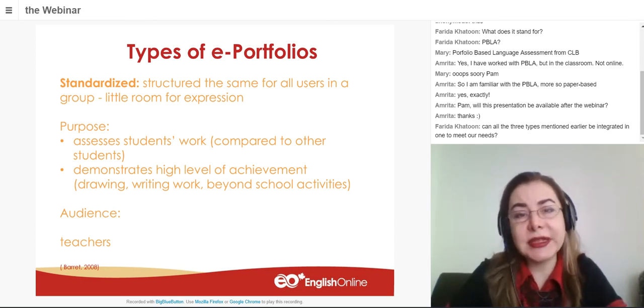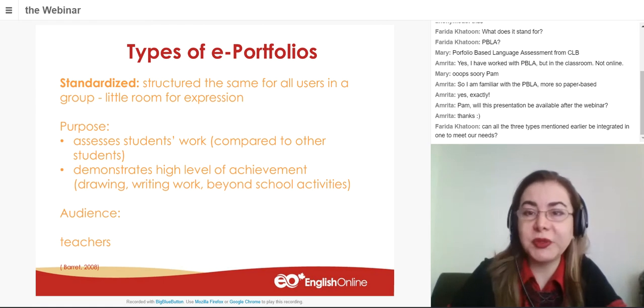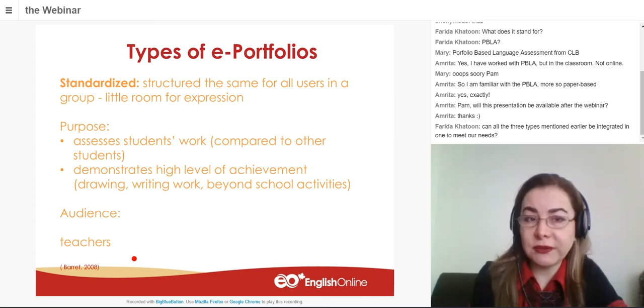It's the assessment section that the teacher gets to choose or select the type of artifacts that will be included in the e-portfolio when it comes to assessment. So maybe that part, it's not up to the student to select his or her own work because it's going to be used for assessing. So this is one way of handling e-portfolios.